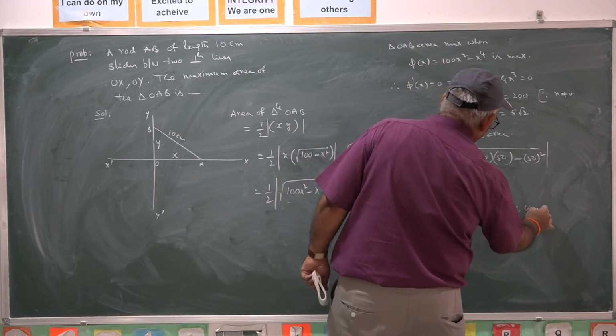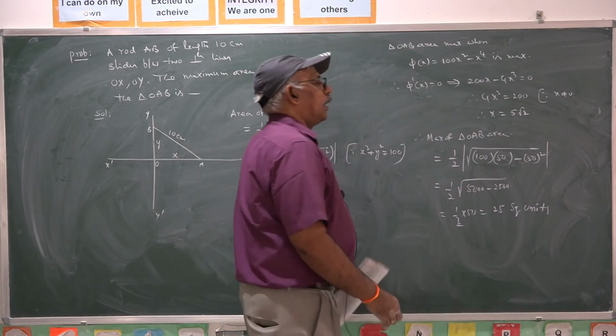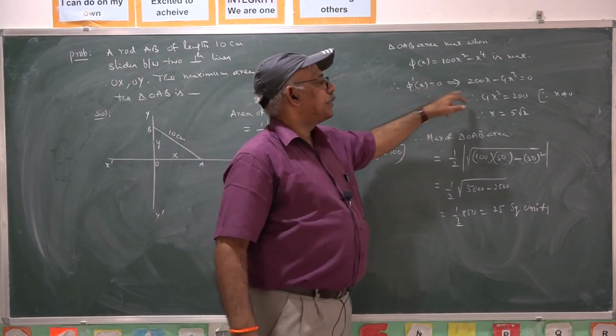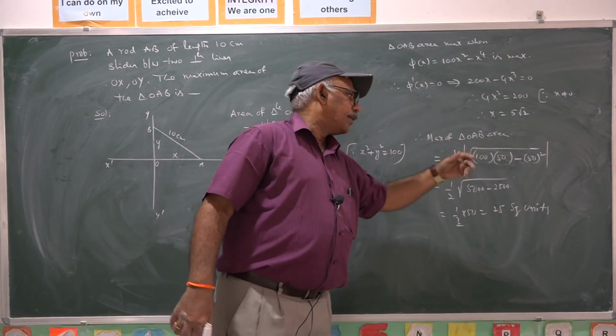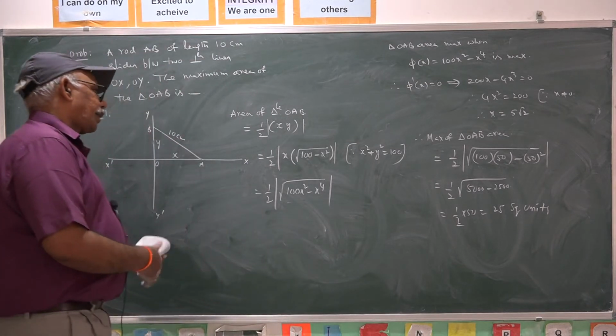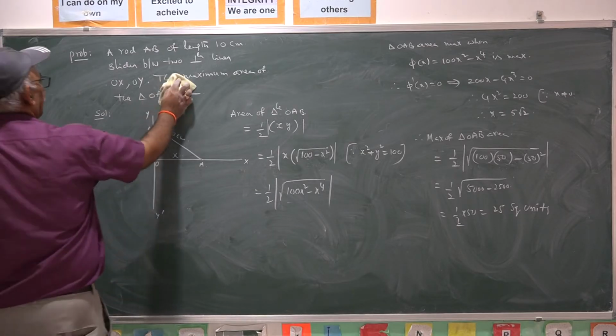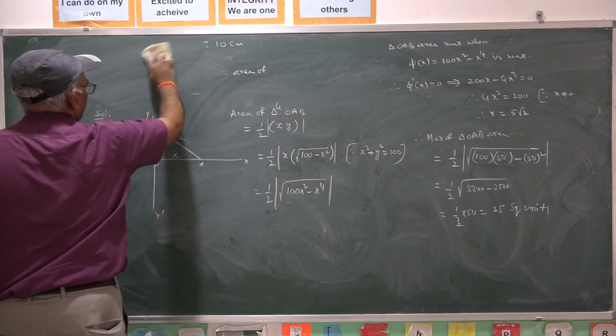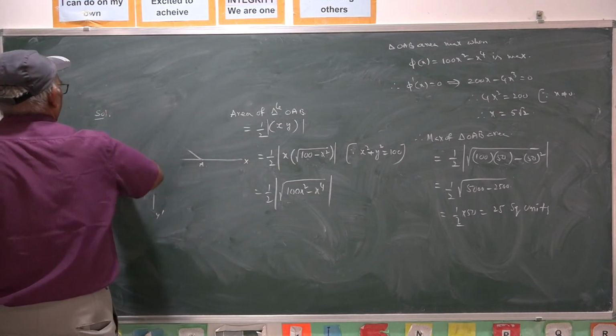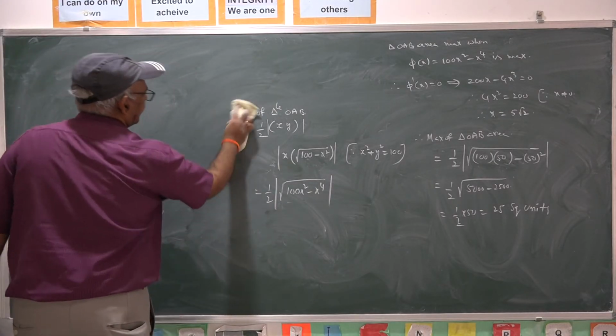That is the maximum area. At the maximum value, the first derivative is 0. Straight away I am taking such x here. A simple application of geometry.